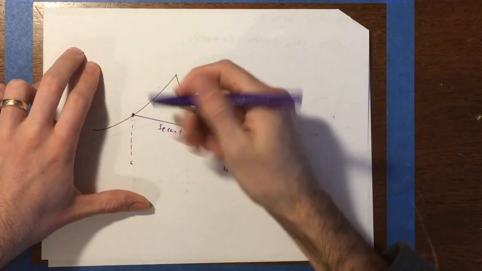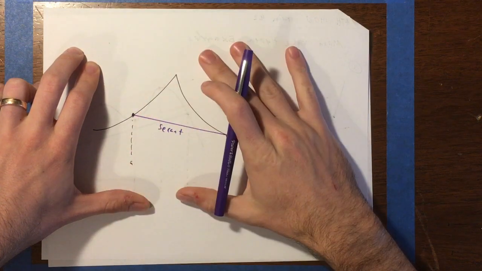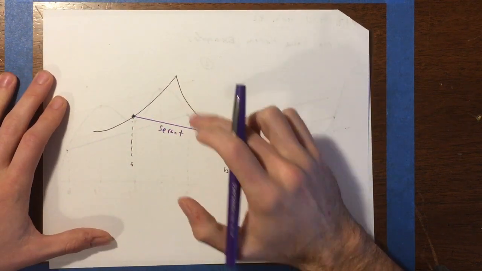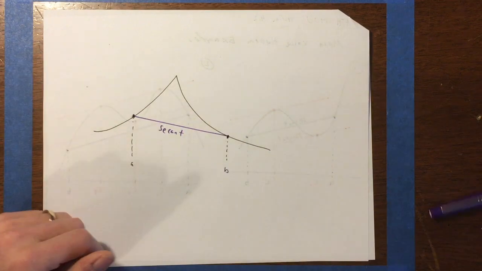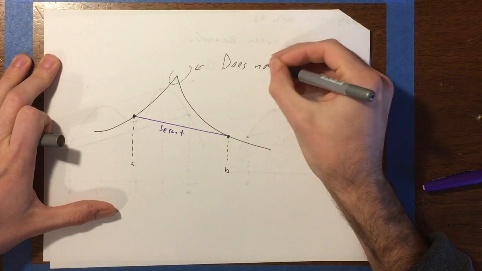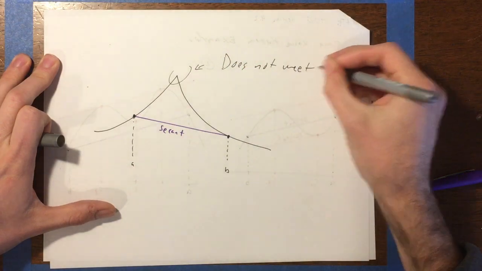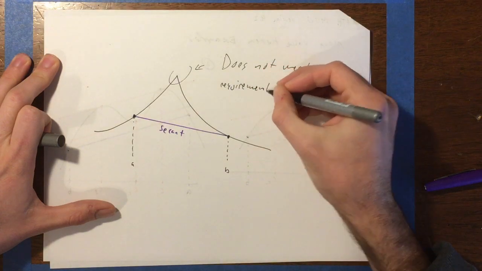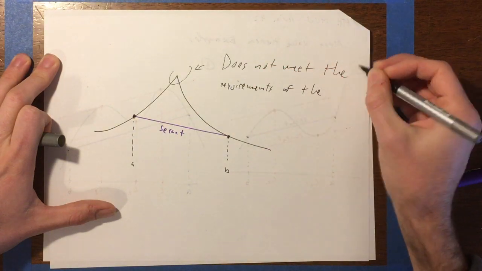I went through the whole curve on this interval, and nowhere on this interval is there a point where the tangent line has the same slope as the secant line. And that's because this does not meet the requirements of the mean value theorem.